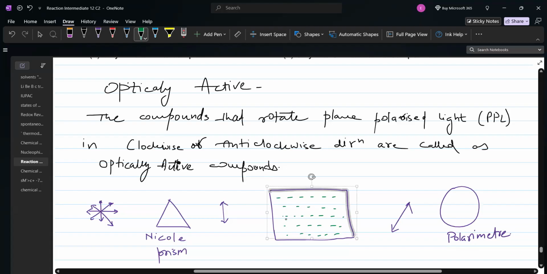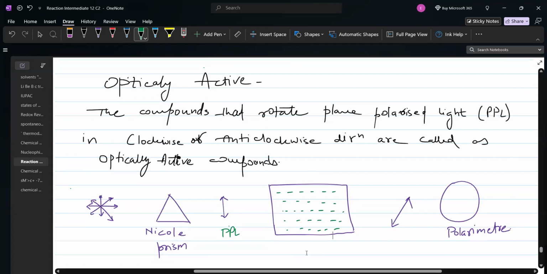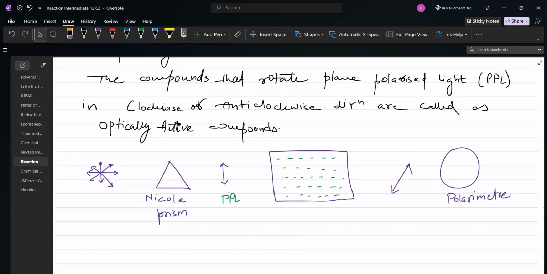If the solution is optically active, by the definition, it will rotate the plane polarized light. This is the PPL, which has been rotated, as you can see. So this is an optically active compound. If it has the ability to rotate plane polarized light, it is known as an optically active compound. Got it?